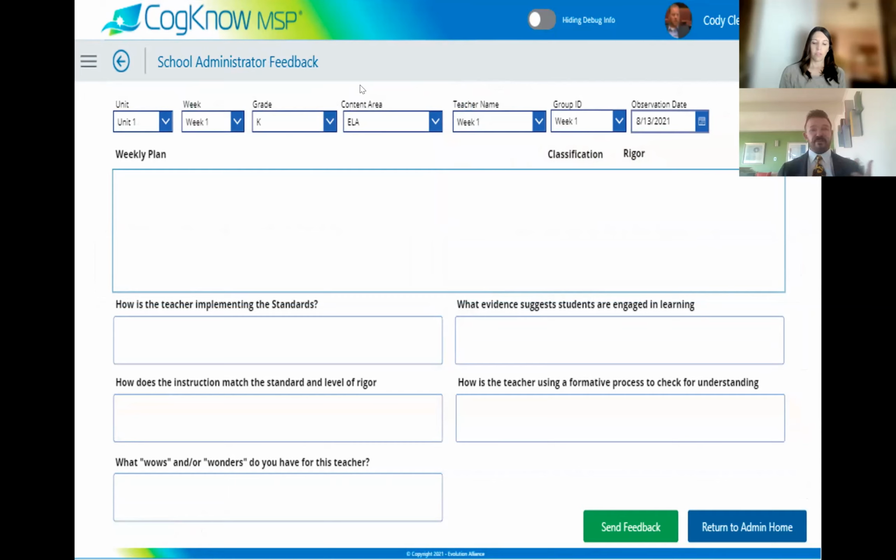They can just punch the button on the day, they'll see where the teacher is, and then there are 5 questions they could potentially answer. They don't have to answer all 5. Maybe they just want to answer 1, maybe just wows and wonders, right? But at least they have evidence of where teachers are and where the level of rigor is so that we get greater levels of leadership coaching and greater levels of task-specific feedback.